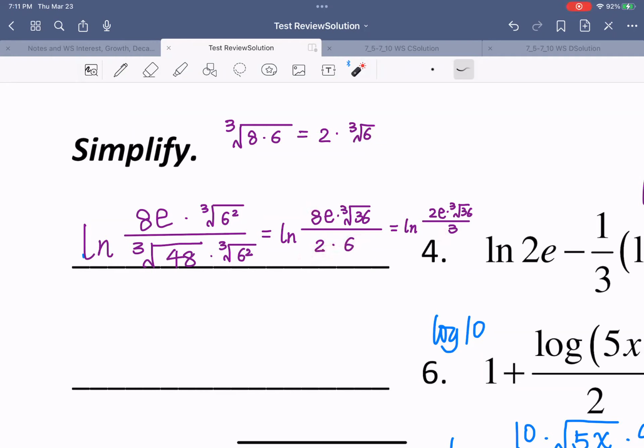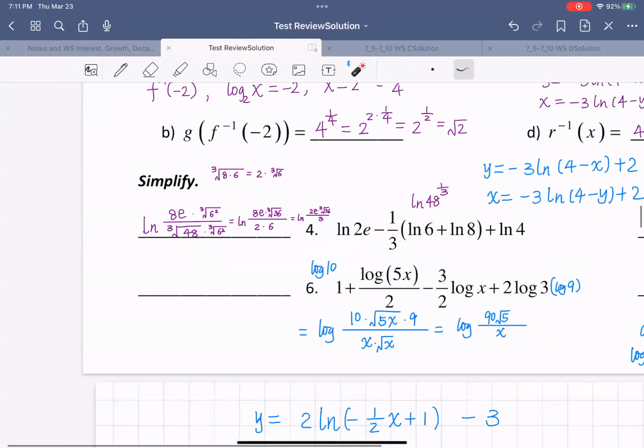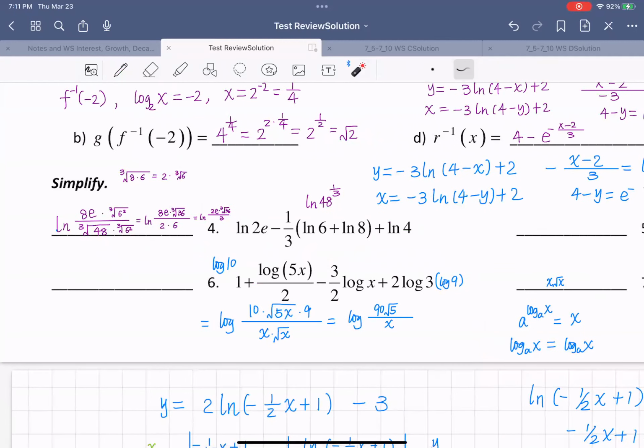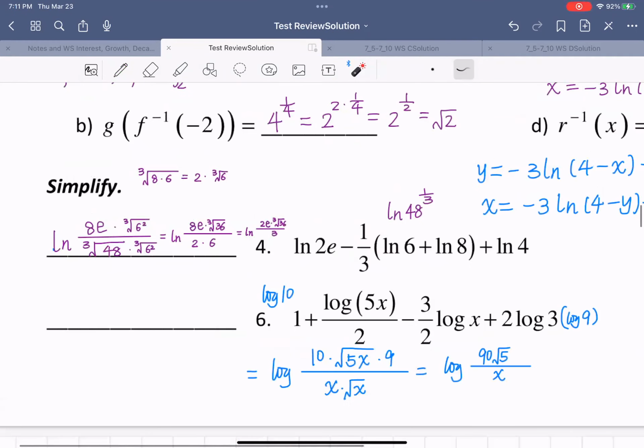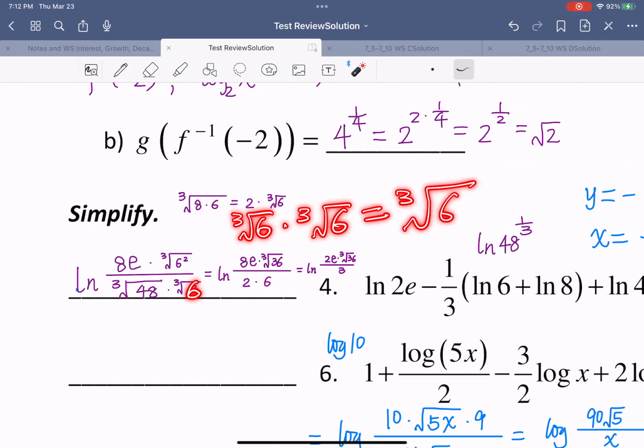Any other question here? Number 4. If you don't put 36, when you put 6, cubic root of 6 times cubic root of 6, this is cubic root of 6 squared. This is 2, this is 3. You cannot get rid of this radical yet.